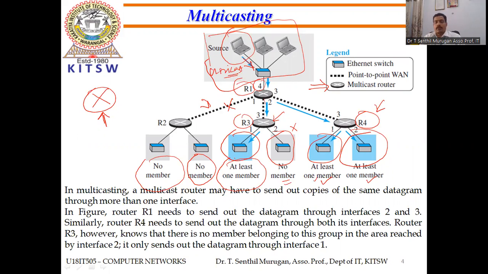Same like that, that is multicast. You are sending a message to your friend, but your friend may be in some other group. In that group, only one person is a member of our group, so he will get the message and forward it to that entire group.